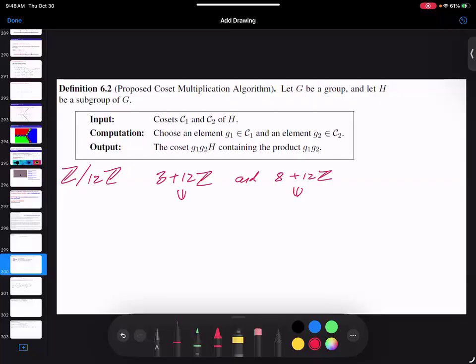Eight. Okay, that would be in the second one. And something in the first one, 3 plus 12Z. 3. Another one we could have done is 20 and 15. Now let's look at 3 times 8.